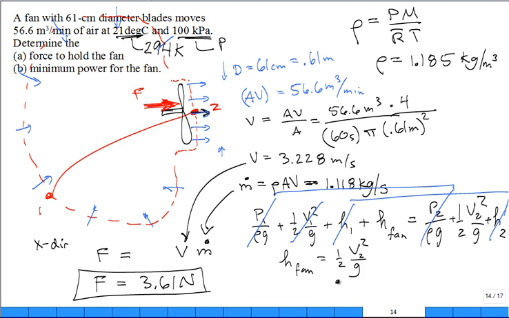Since this is energy per unit weight, I would want to multiply by the weight flow rate, which is g times the mass flow rate. Instead of talking kilograms per second of mass flow, I'll talk newtons per second of weight flow.